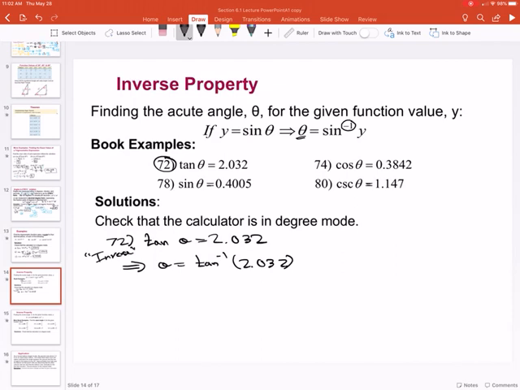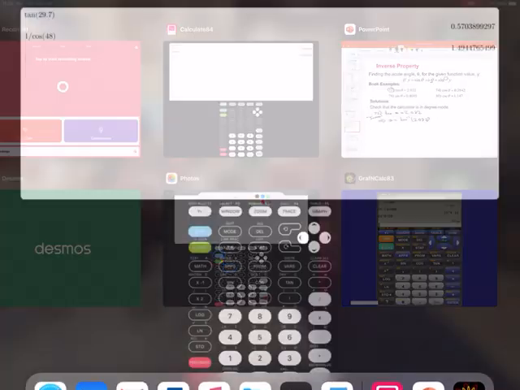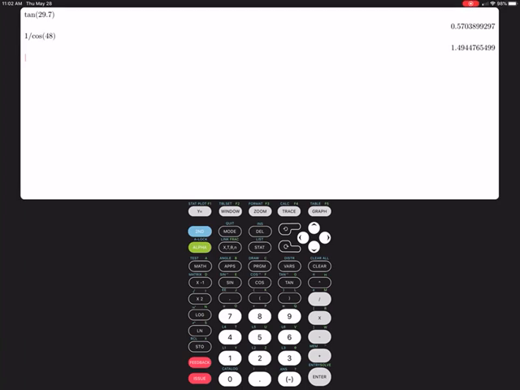So second tan, right? If you go to our calculator, let's go ahead and look at that. Pull your calculator up, and let's see if we can type that in together. I'll get my TI-84 back out. So second button and tan, that's your tan inverse. So for sine, cosine, and tangent, you'll see sine inverse, cosine inverse, and tan inverse. So again, second tan is tan inverse, 2.032.